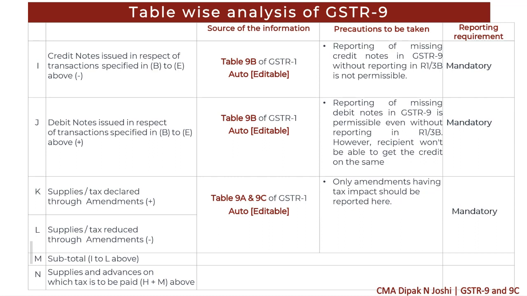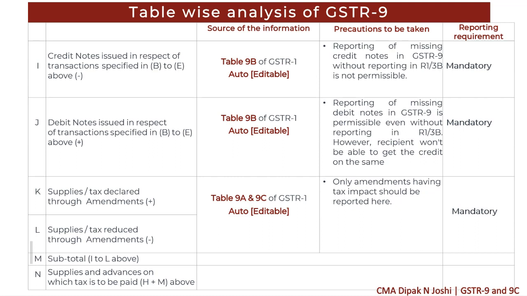Section 34 of the GST Act is very clear. It says that you are required to report the credit note in the return of that particular month in which such credit note is raised. So suppose I am raising a credit note for the month of December, then I am required to report that credit note in the return of December month, right?